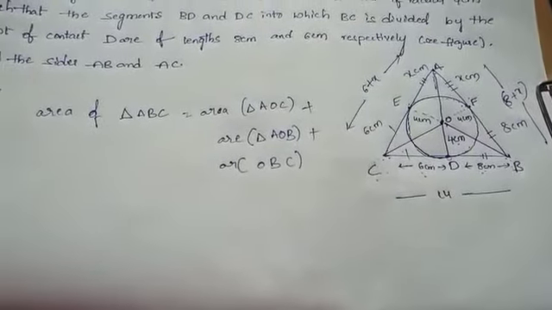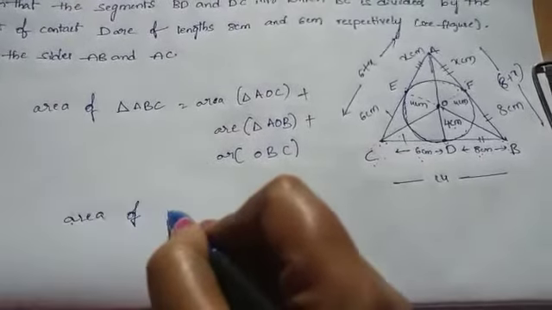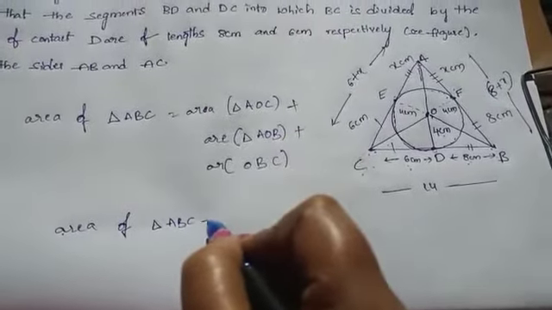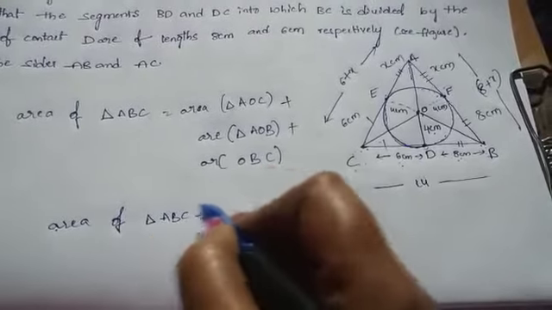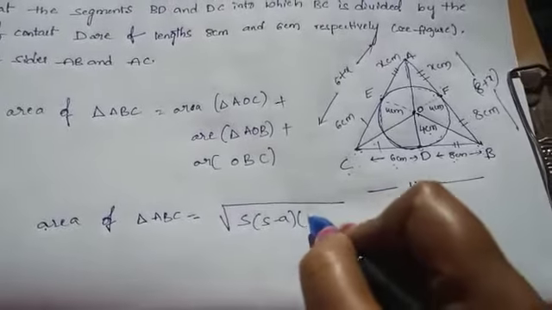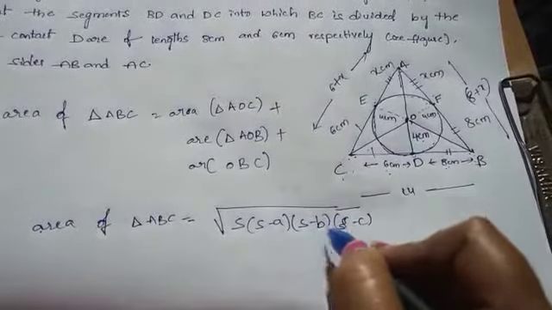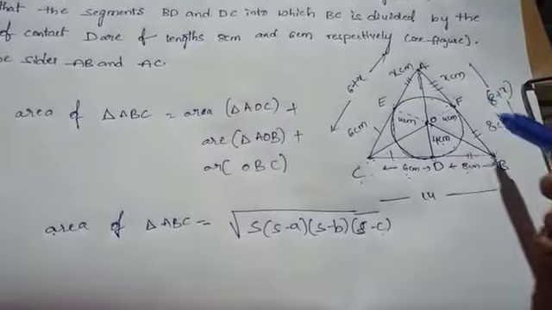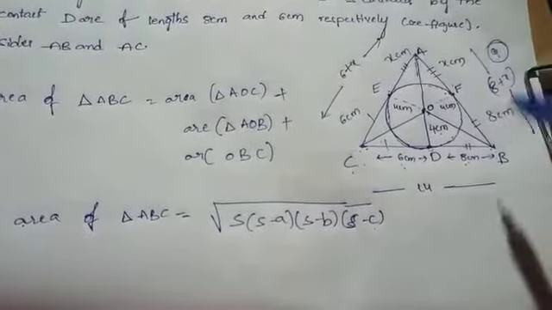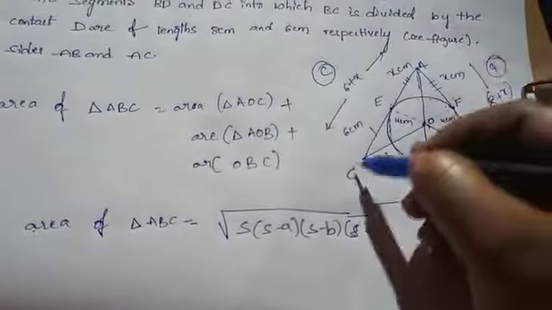Using Heron's formula, area of triangle ABC equal to root of S into S minus a into S minus b into S minus c. Here a, b, c are sides of the triangle. a equal to AB, b equal to BC, and c equal to side AC.